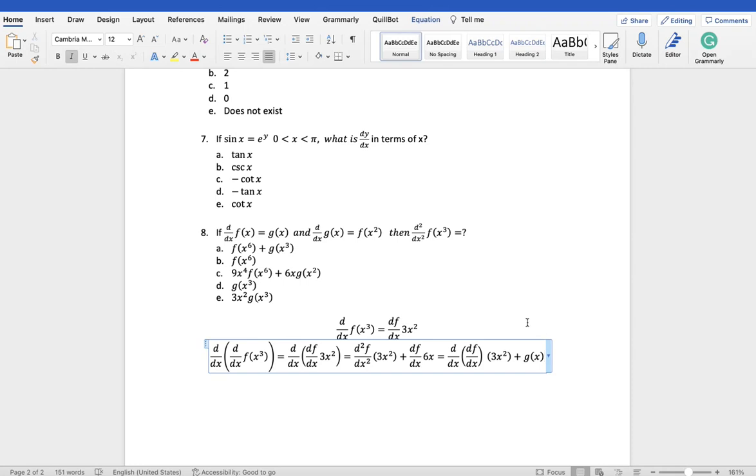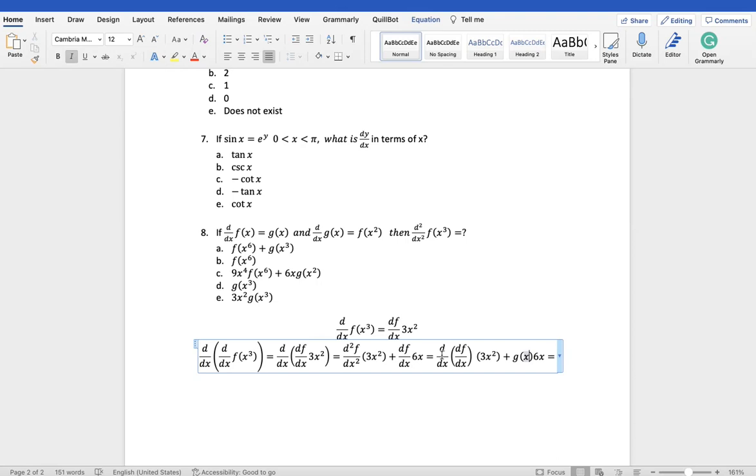Okay, yeah. So we're given that df over dx is just g of x, and this is multiplied by 6x. But now this is equal to what? Remember that df over dx is g of x.